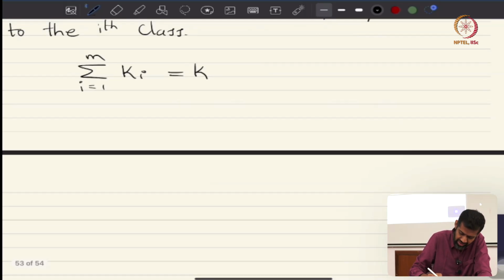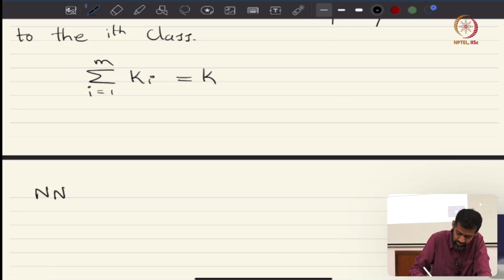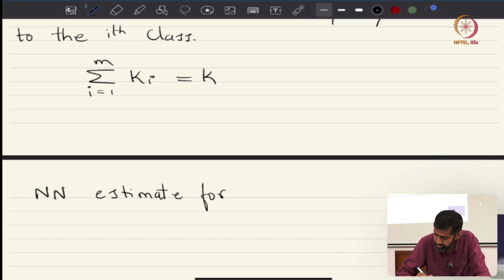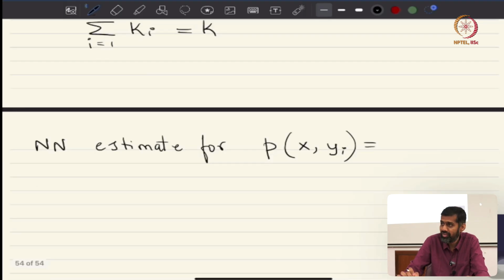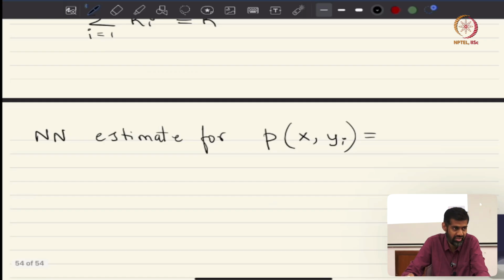Now, the nearest neighbor density estimate for the joint density of x and the ith class is given by what? We are looking at the nearest neighbor density estimate for the joint distribution of x and yi for the ith class.